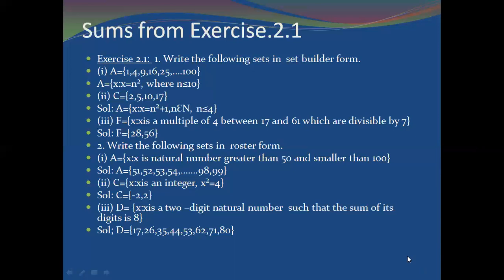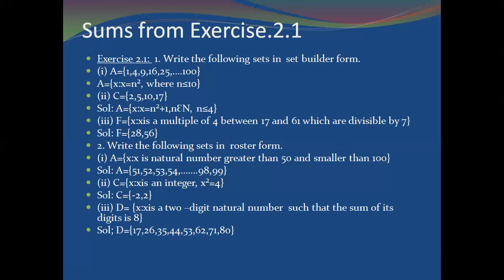Now the next one, third one, is set D is equal to x such that x is a two-digit natural number such that the sum of its digits is 8. So let us choose the two-digit numbers whose sum is equal to 8. We cannot write 0, 8 because 0 plus 8 is equal to 8, but 08 is not a two-digit number.